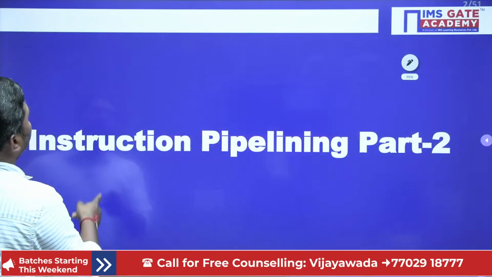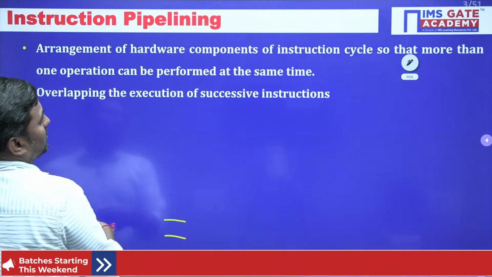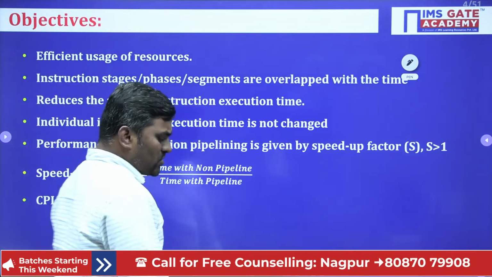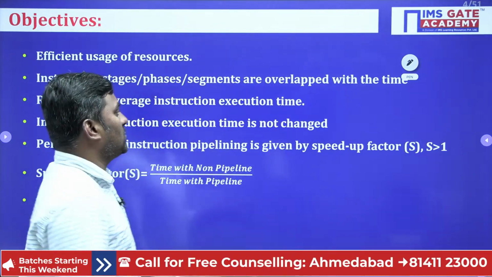This is part 2. In part 1 we saw what the instruction pipeline is and its objective, which I explained very clearly, so please go and watch the last session.